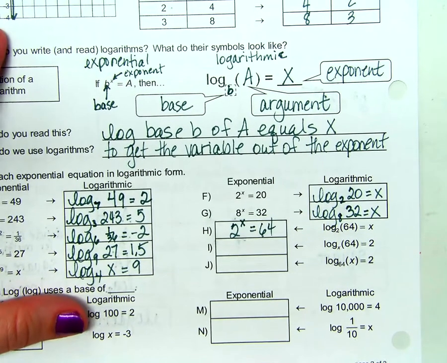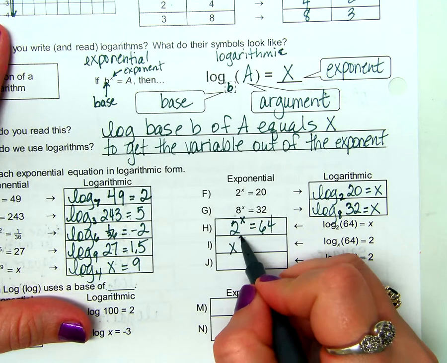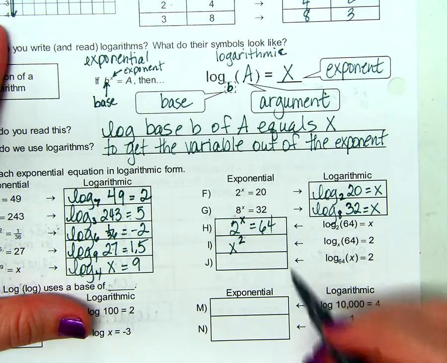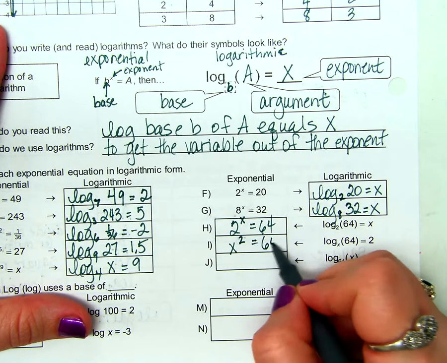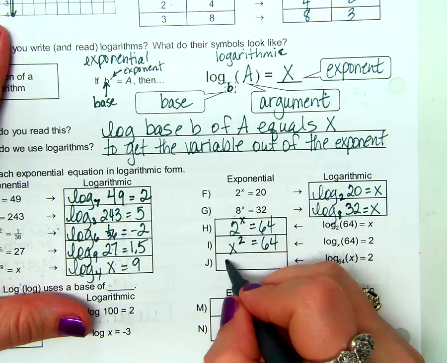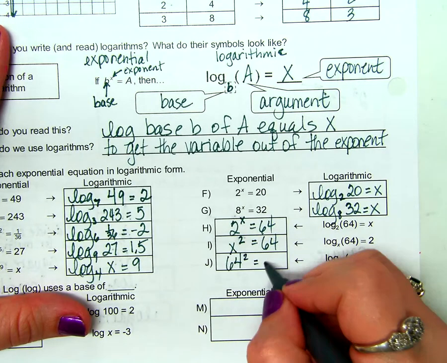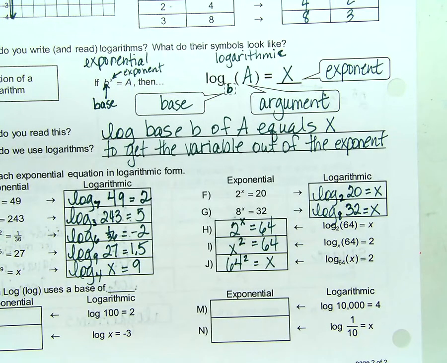Good. What about I? So x squared equals 64. Excellent. And what about the last one? 64 squared equals x. Okay.